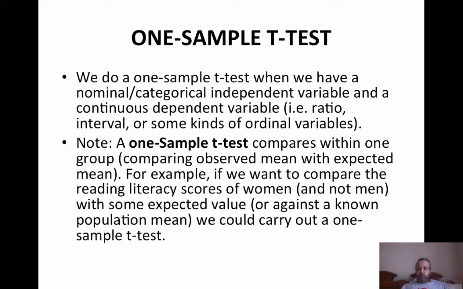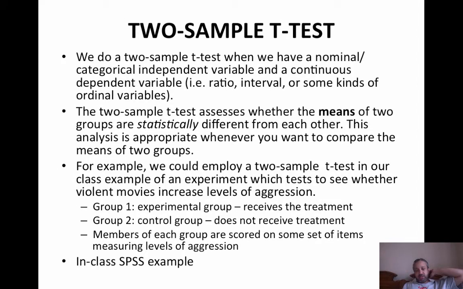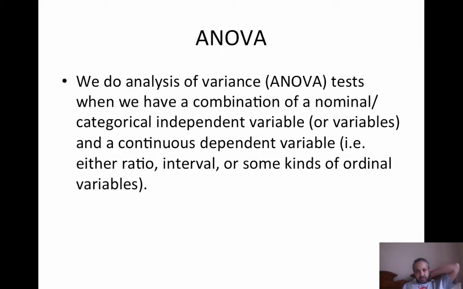So for example, if we wanted to compare the literacy scores of women on some literacy test, but instead of comparing two groups like women and men or young people and old people, you're going to compare just one group with some expected value. Now, this is not that common. So in our field, when I'm reading studies, I see a lot of two-sample t-tests, not as many one-sample t-tests.